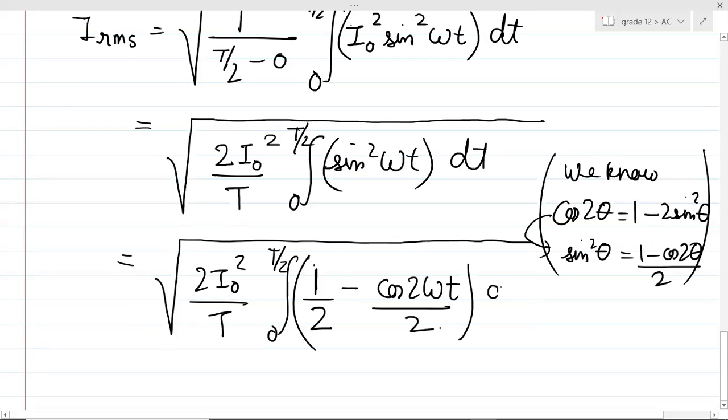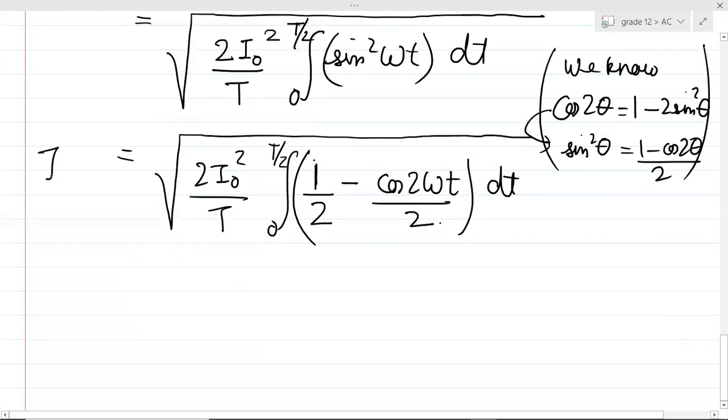Can I write it like this, guys? Okay. So just name this as equation number 1, and we'll solve the integration part separately.